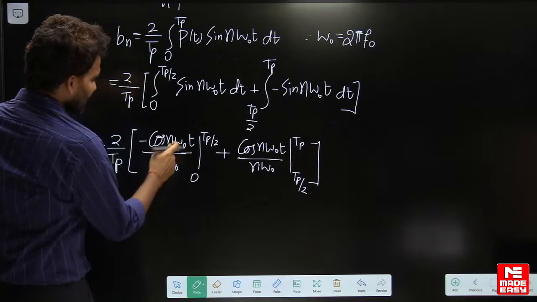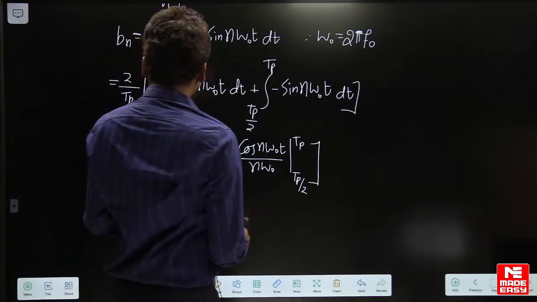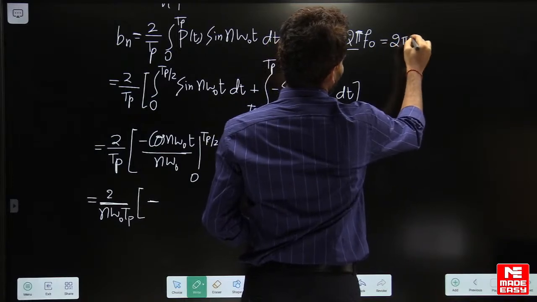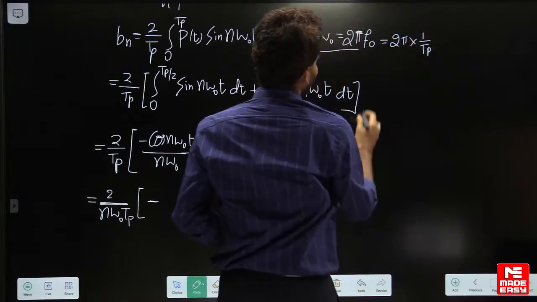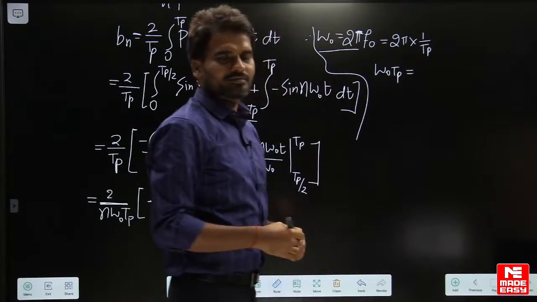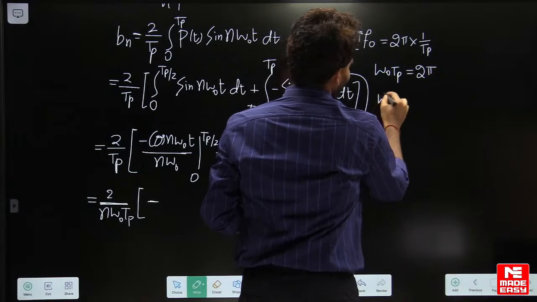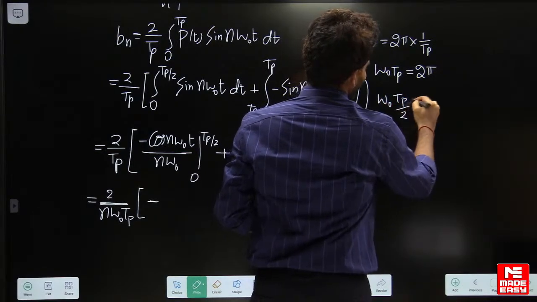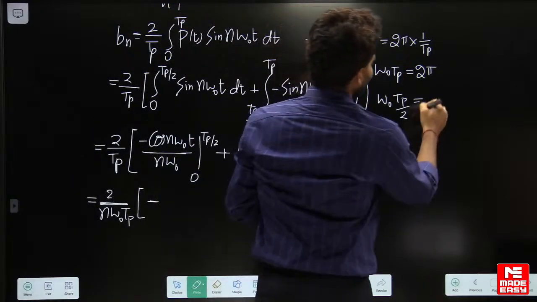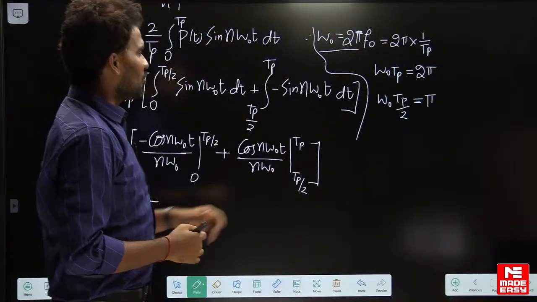If you substitute the upper limit, n omega naught Tp by 2, this is minus. If you see, 2 pi f naught, with f naught equal to 1 by Tp, then omega naught Tp is 2 pi.